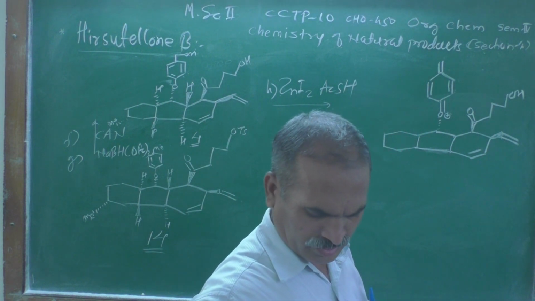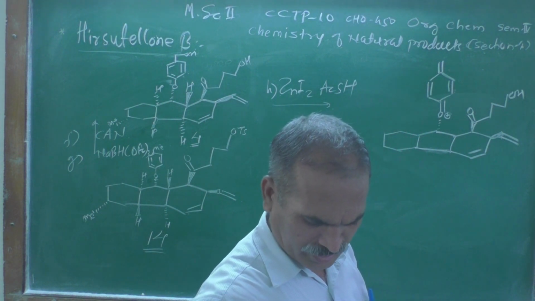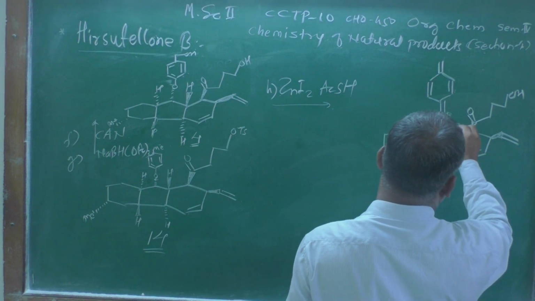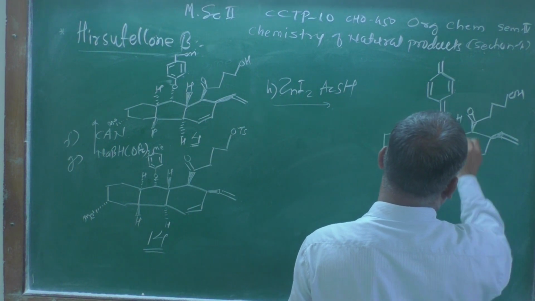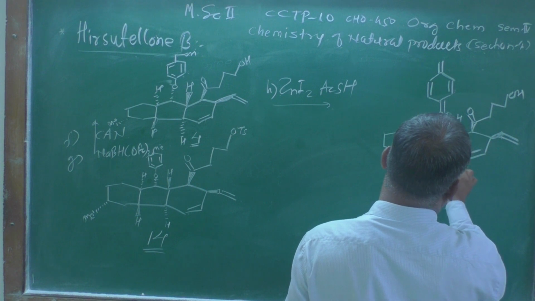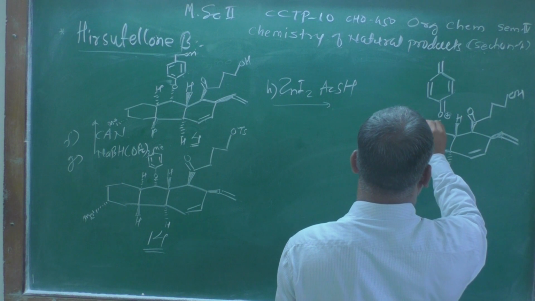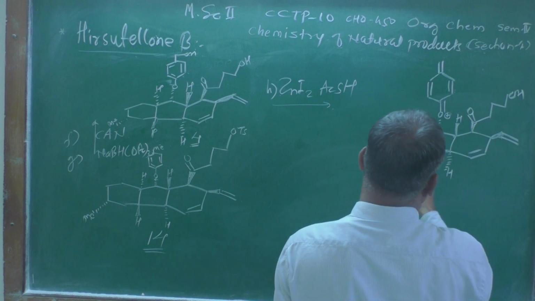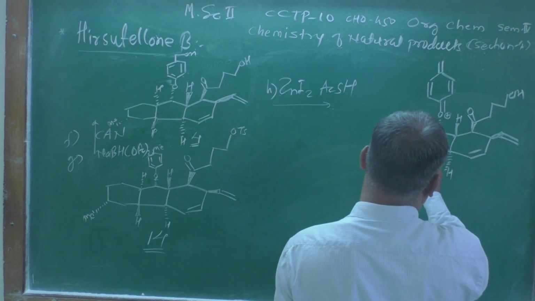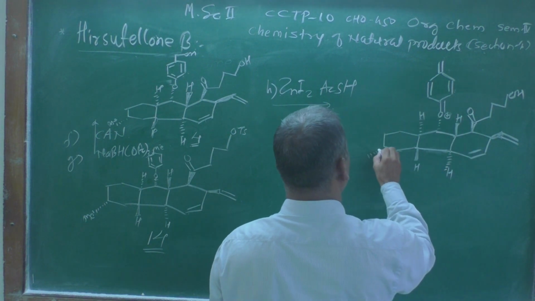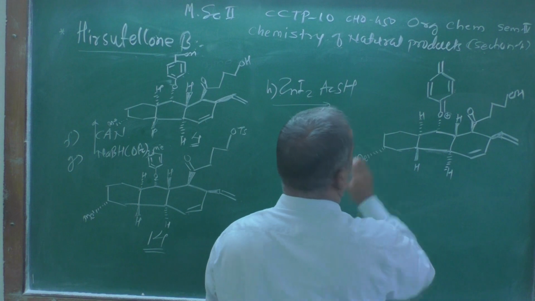Now the rest of the thing remains as it is. So this hydrogen atom should be above the plane, and here the hydrogen atom remains below the plane. Here the hydrogen atom should go below the plane, here the hydrogen atom should come above the plane, and this methyl group remains as it is.